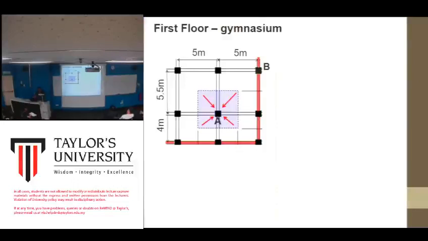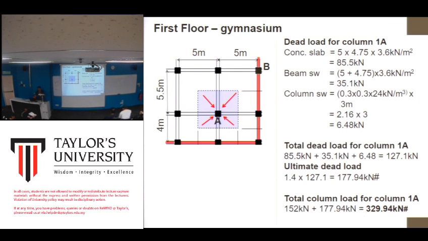So this is another example, but I don't think I'm going to show this. This is just to show a difference: the live load factor for a gymnasium is slightly different from other spaces. But in your case, for the assignment, you just consider the live load factor for all spaces to be 1.5.